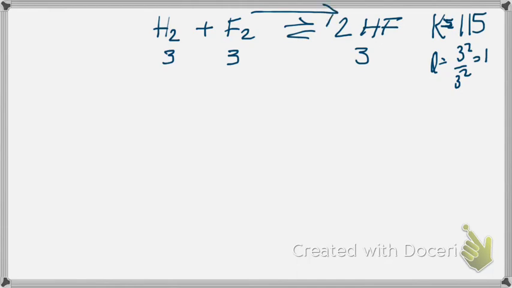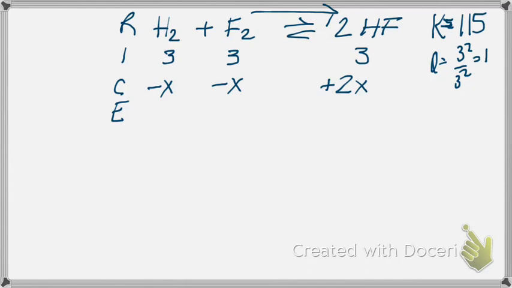Because sometimes if you're doing the reverse reaction, then your X's are going to be opposite. They're going to be positive and minus. So R, I, C, E. We're going to do minus X, because we're going to be disappearing the reactant, and plus 2X over here.